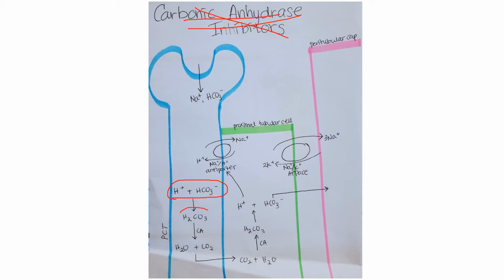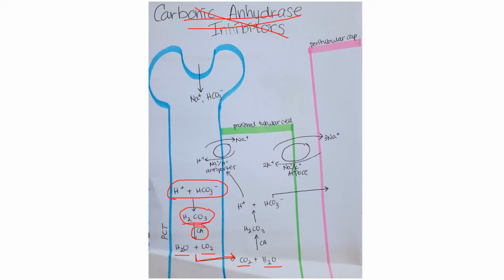forming carbonic acid. And then via the action of carbonic anhydrase, carbonic acid is split into water and carbon dioxide. These compounds go inside the peritubular cell. So now we have our CO2 and our water inside the cell.